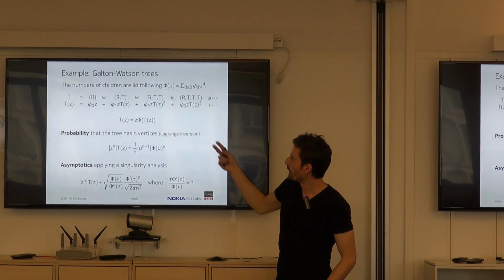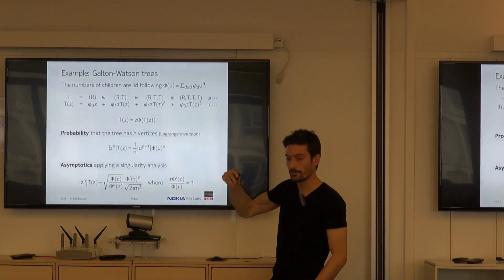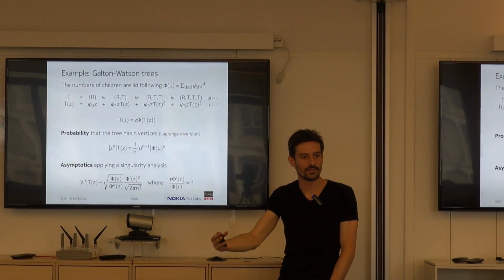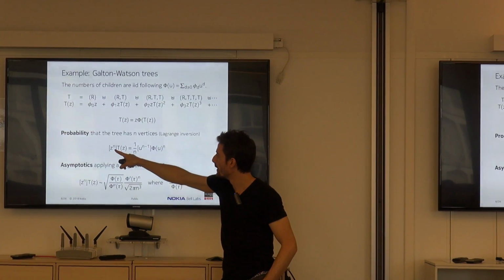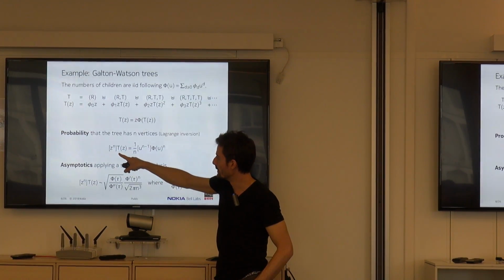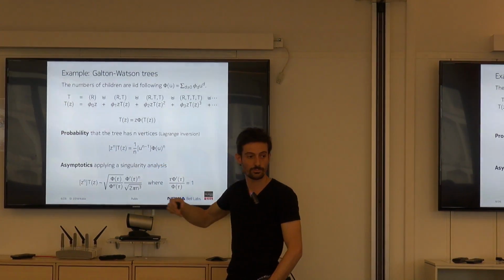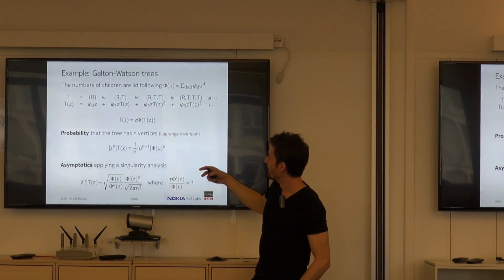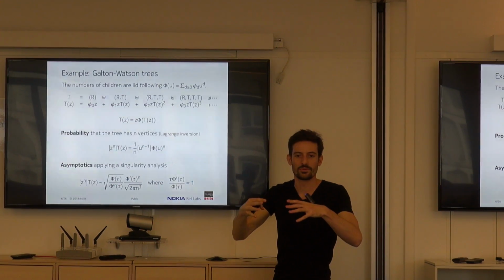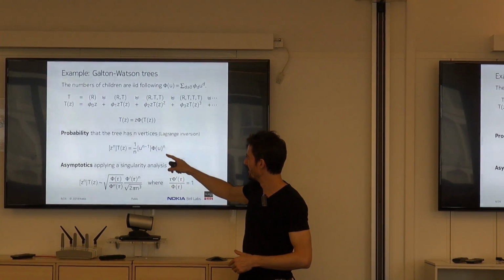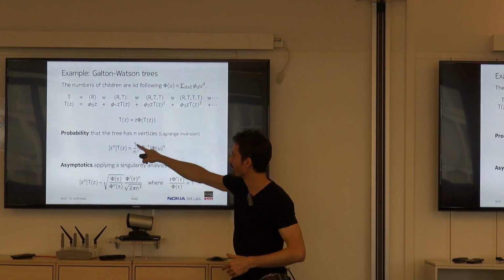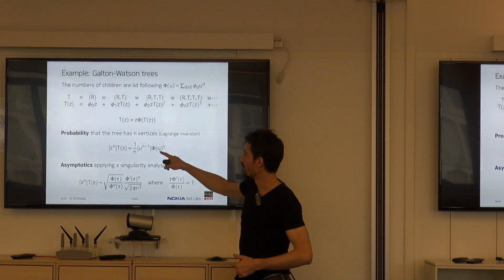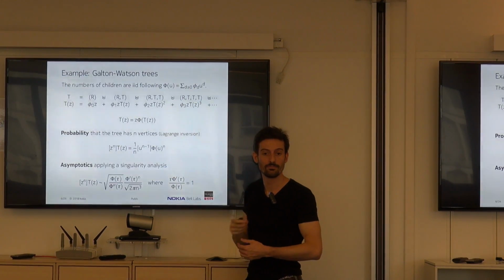And from there, we can extract an exact expression for the probability that a tree has exactly n vertices. That's the nth coefficient in z of T of z, by definition of the generating function. And using Lagrange inversion, a black box theorem, I can tell you that it also has this nice expression that involves not T of z anymore, but only phi that we are supposed to know at the beginning.